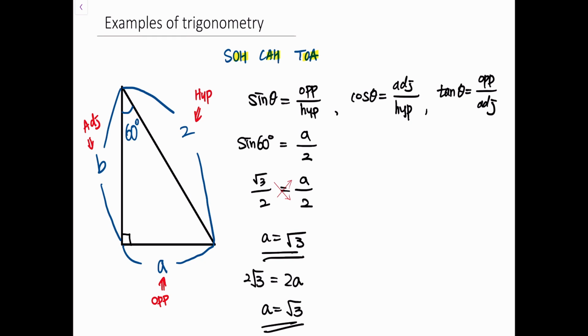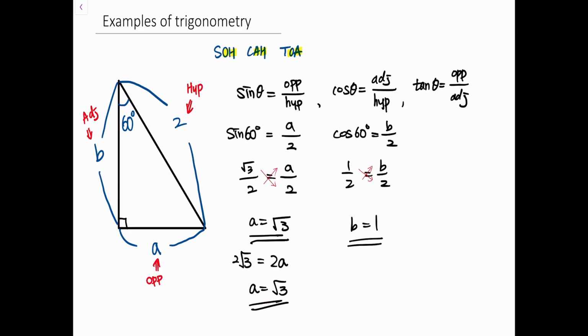Using the cosine ratio calculation, we can find the value B as cosine 60 is B over 2. Cosine 60 is 1/2, and we can find what the B value is either using cross multiplication, or again, we have the same denominator value, so we can just compare and find the value B as 1.